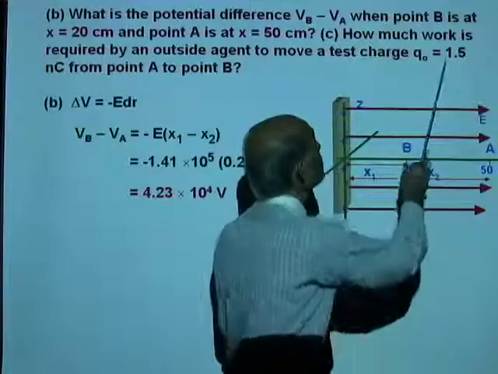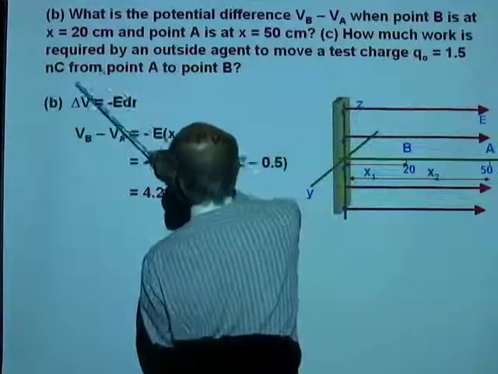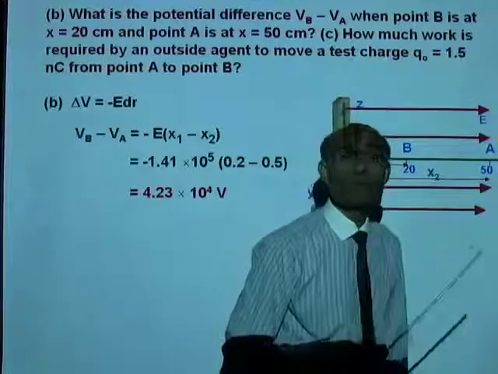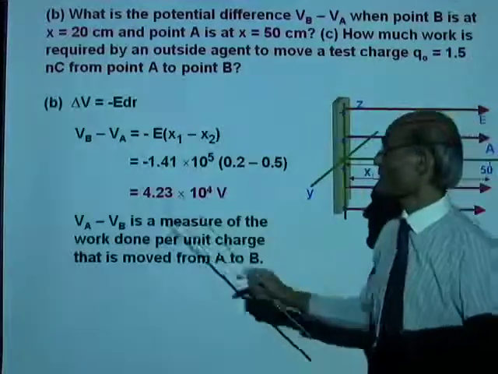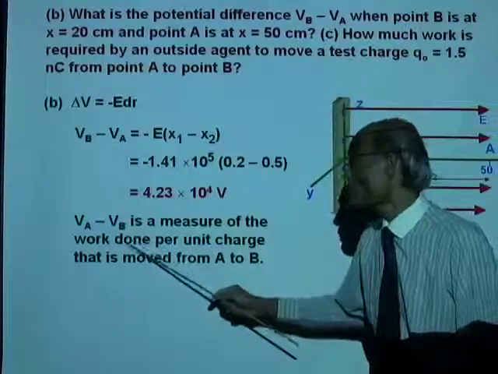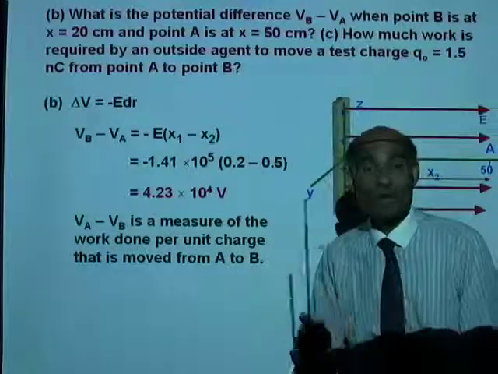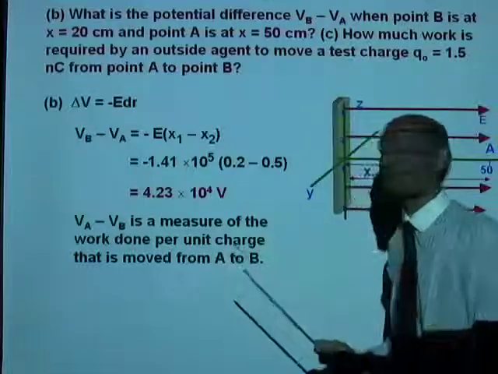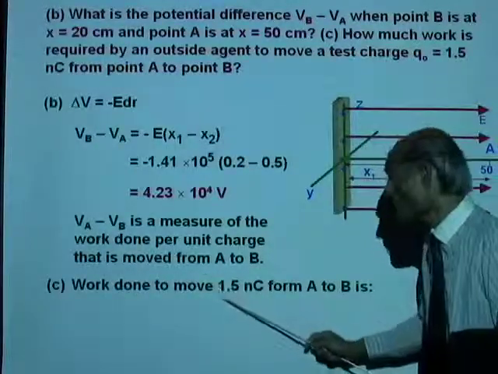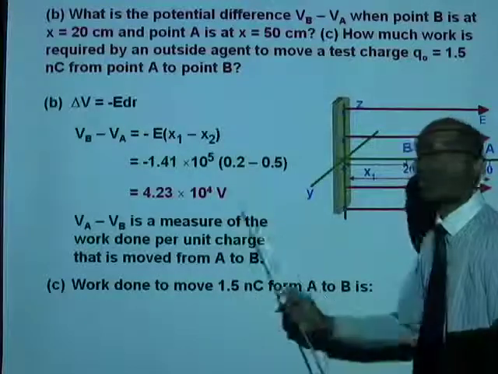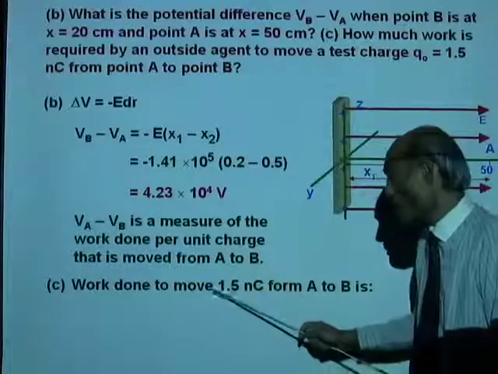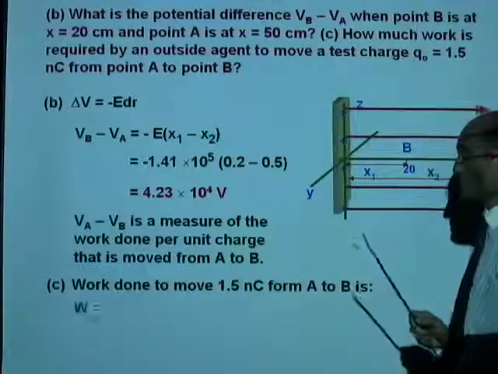Therefore, if you want to move 1.5 nanocoulomb from A to B, what is the work that needs to be done? VA minus VB is a measure of the work done per unit charge that is moved from A to B. Therefore, work done to move 1.5 nanocoulombs will be work done per unit charge multiplied by that charge.